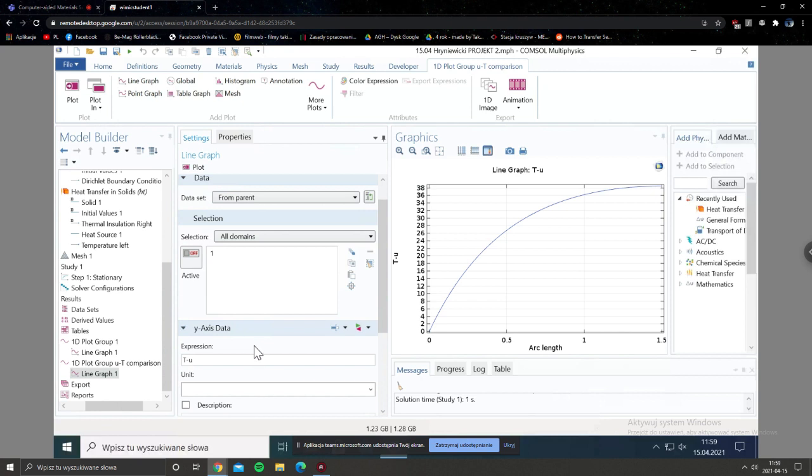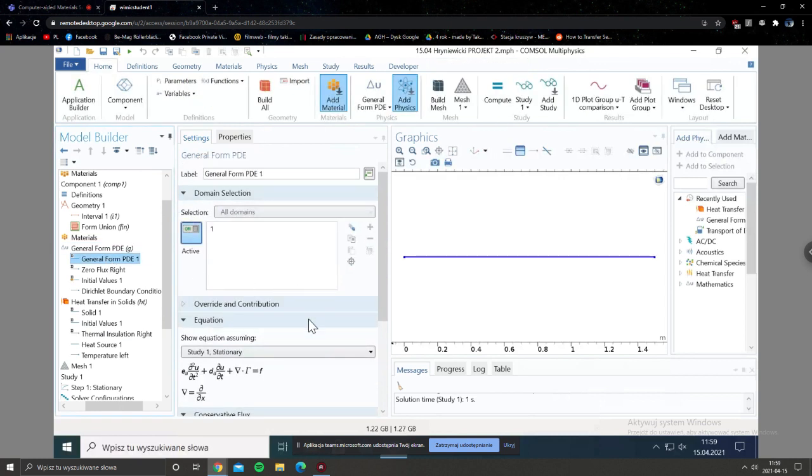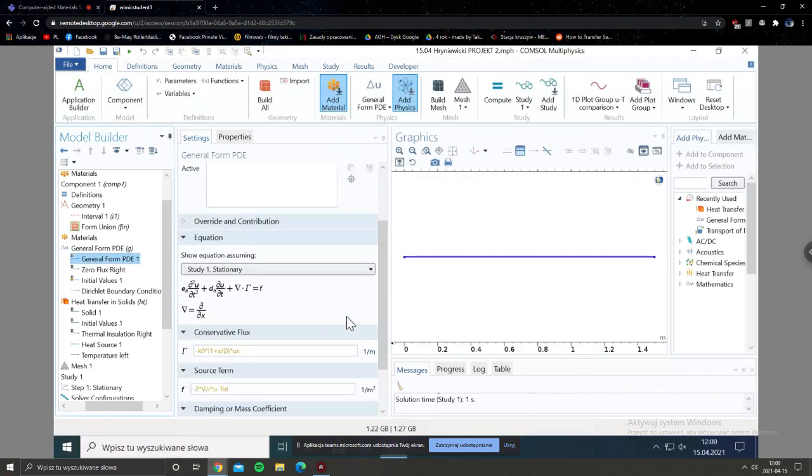That's strange. Do you think that it will be a big difference? Only the sign will be different. So we have to go to general form PDE. Okay.